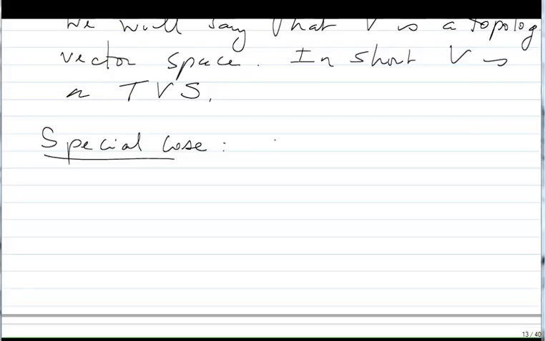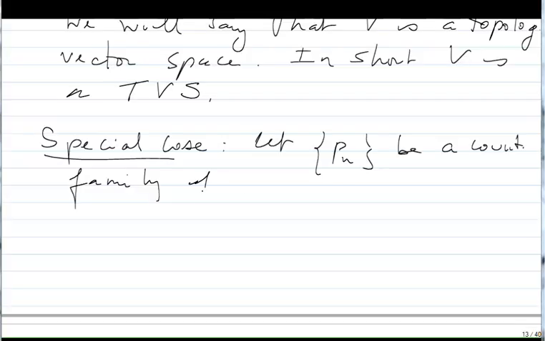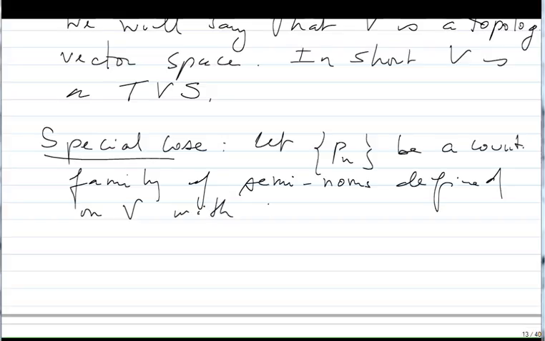Let Pn be a countable family of seminorms defined on V with the separation property. That's exactly what happened in the motivating example that we started with.